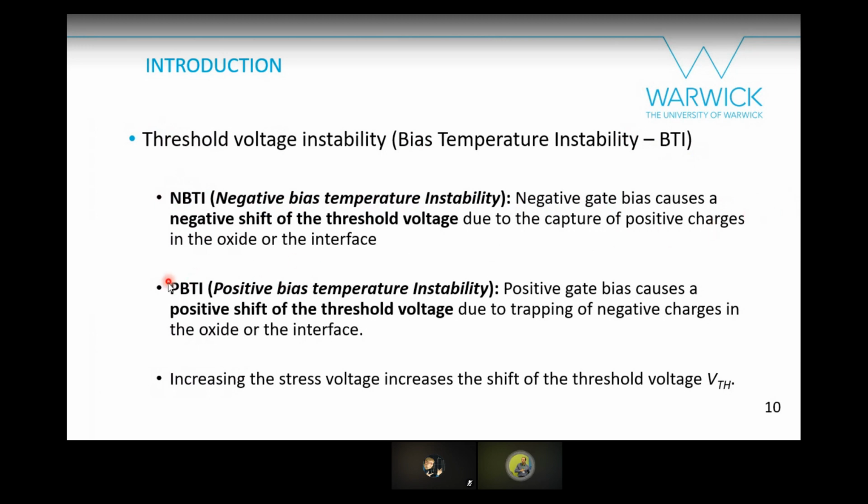PBTI is positive bias temperature instability. That means that the positive gate bias causes a positive shift of the threshold voltage due to trapping of negative charges in the oxide or the interface. Increasing the stress voltage increases the shift of the threshold voltage. So if you apply a greater voltage and you're not breaking your device, you will shift your threshold voltage more.